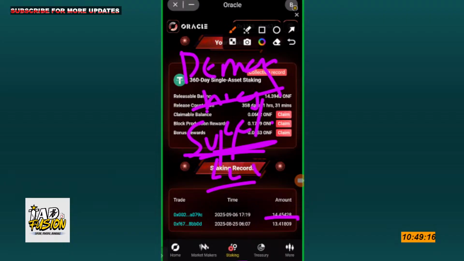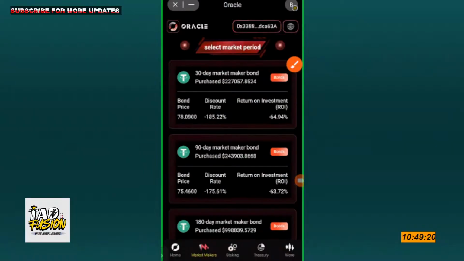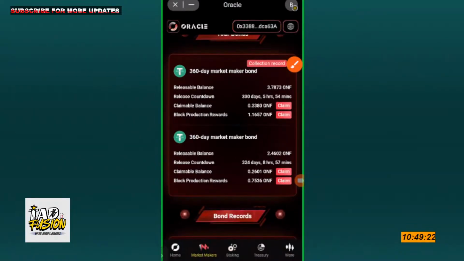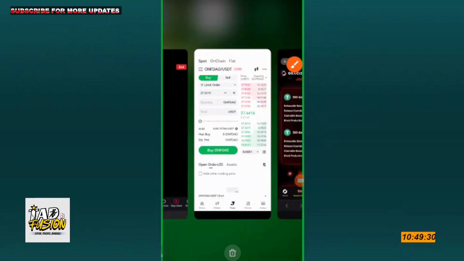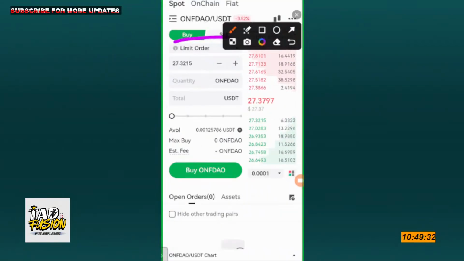Because here, market makers, after making profit, where do you sell your tokens from? You sell them in Jucoin. That means Jucoin is where the market of ONF is. So when you sell them in Jucoin, it means you are increasing the number of ONF tokens on the market.